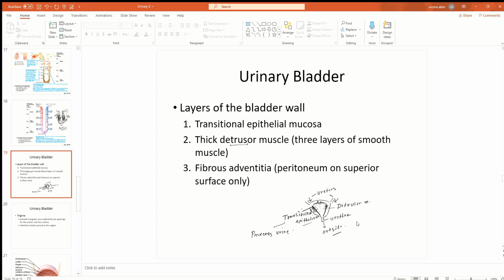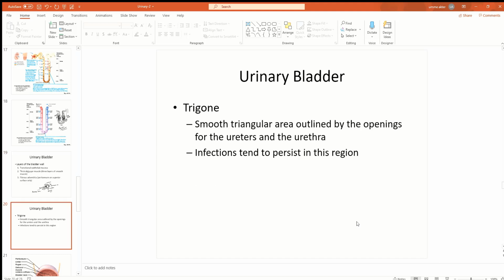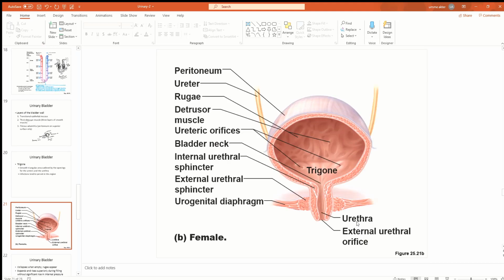Now, so this is inside the bladder. These two are ureters, right? They bring the urine in. This is the urethra, and this is the detrusor muscle in the wall. Okay. Now, inside the urinary bladder, you have folds like inside the stomach, called rugae. Same name. Okay.